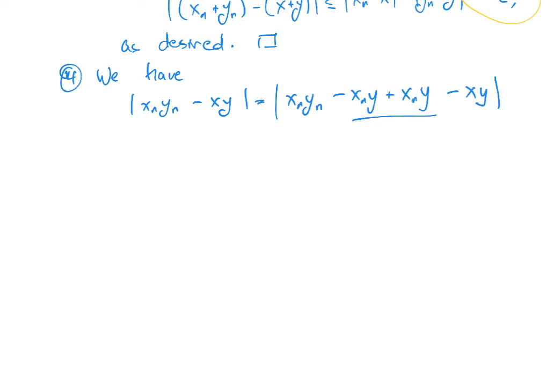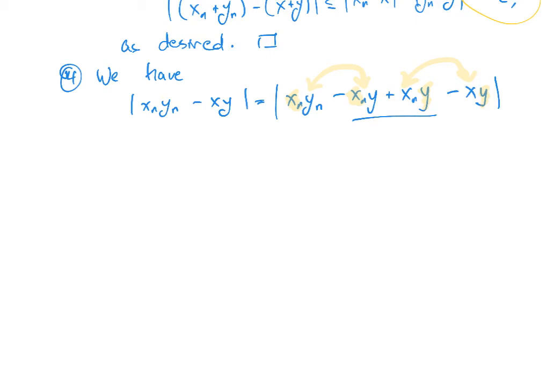The reason things get better is that over here on the left, I've got an xn in both terms, so I'm looking at xn times yn minus y, and I know yn minus y is going to get small. Over here on the right, I'm looking at a y times xn minus x, and we know xn minus x is going to get small.